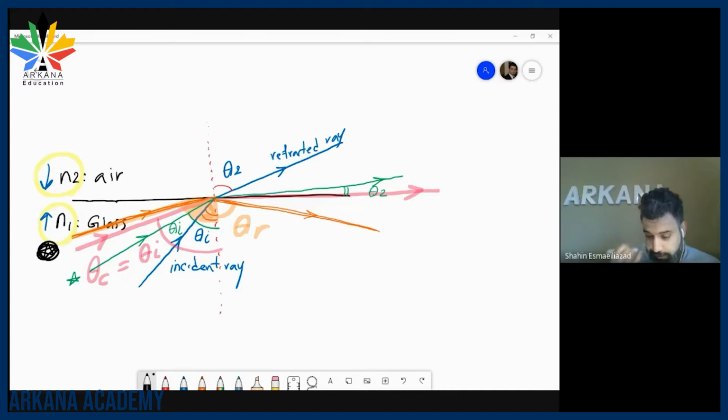If they're trying to send you a signal from this point and you are, let's say, somewhere here, the light coming from this direction is not going to be able to pass through the wave and it will have a total reflection. Therefore, you will not be able to see if someone is going to send you any light signals from that location. Okay, so that's the best example we can make out of the situation.